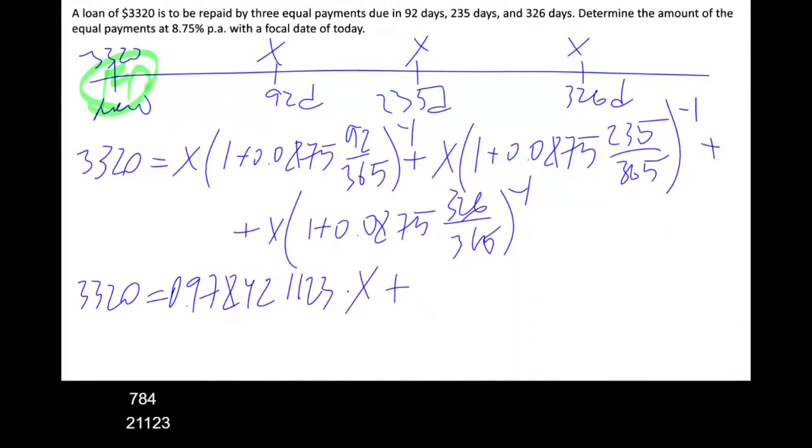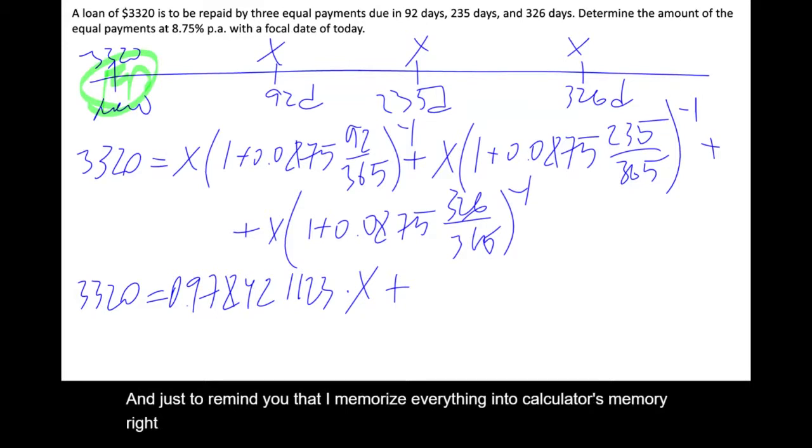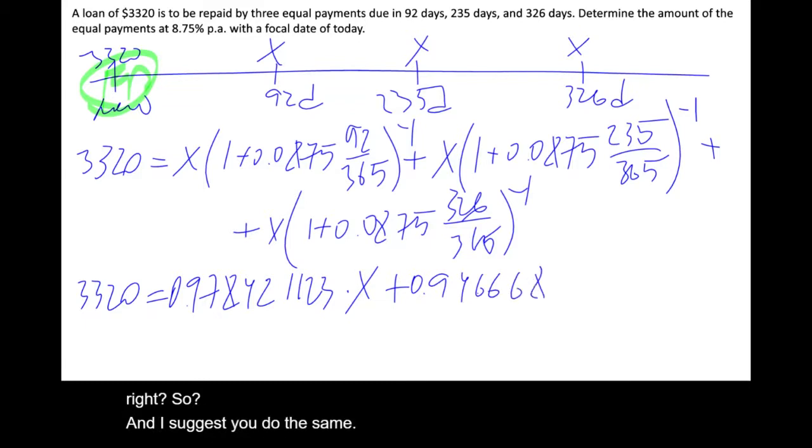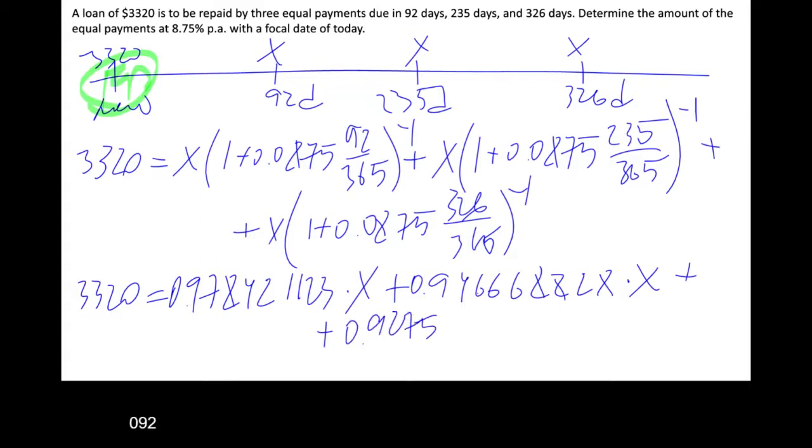0.978421123 times x plus, and just to remind you, I memorize everything in the calculator's memory, and I suggest you do the same. 28 times x plus 0.927514135 times x.